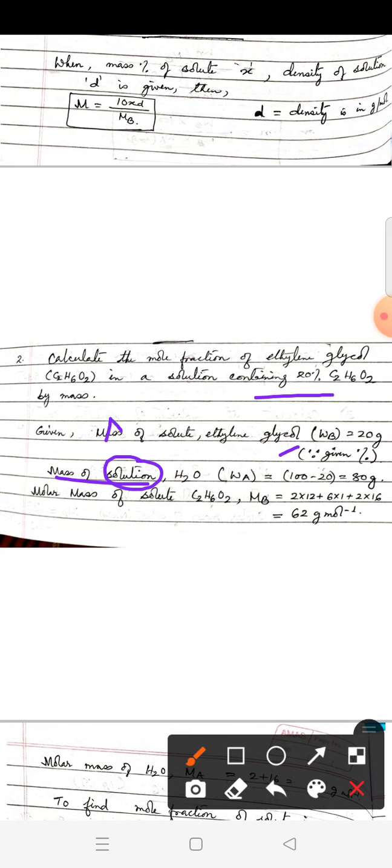This mass of solvent, represented as Wa, will be 100 minus 20, that is 80 gram. Then molar mass of solute, we have to calculate. Since we know the formula of the solute, we can calculate the molar mass of solute, which comes to be 62 gram per mole. So for writing till here, you get half mark.